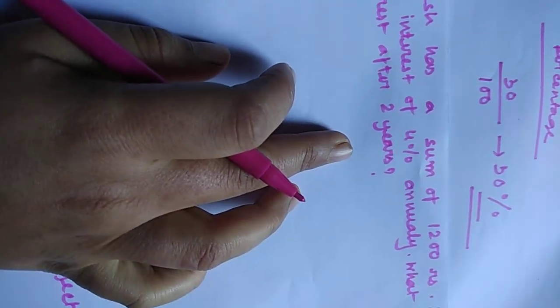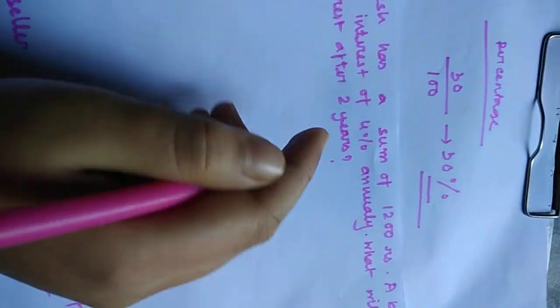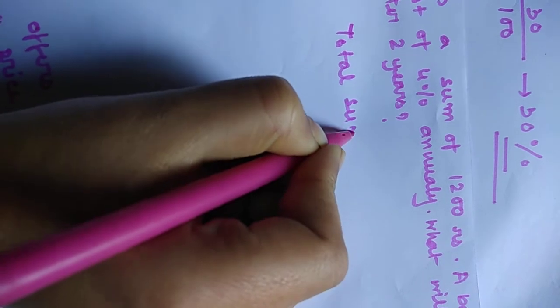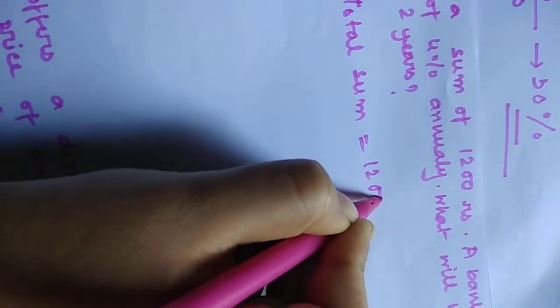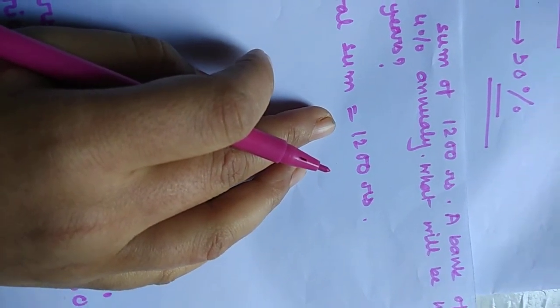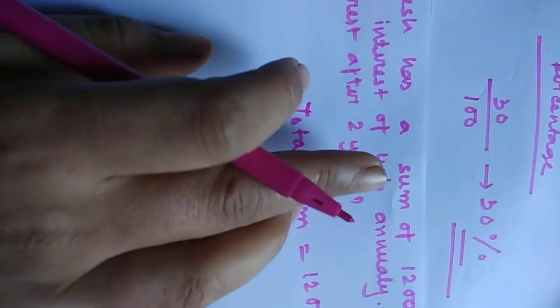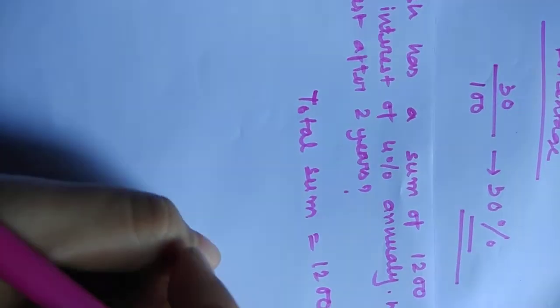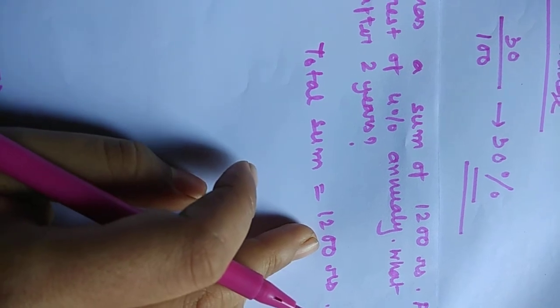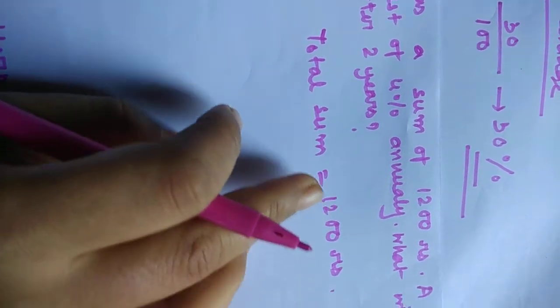Okay, so we know that the total sum is how much? Total sum is equal to 1200 rupees. This much he invested in the bank. Okay, so what is the rate of interest? It is 4%. That is, if you submit this amount of money, it will give you 4% per year of this money.